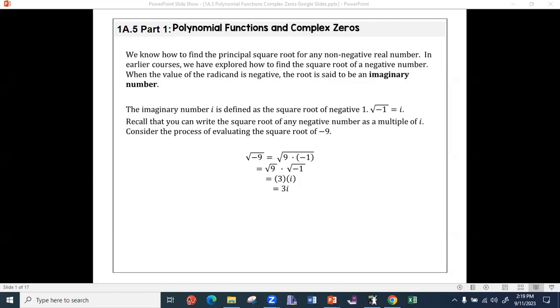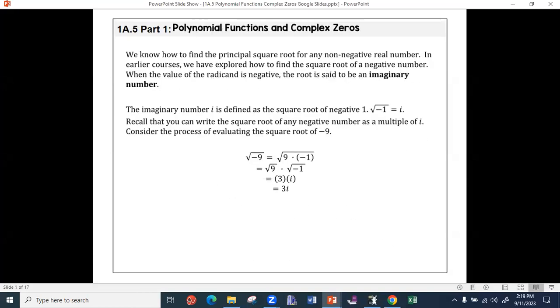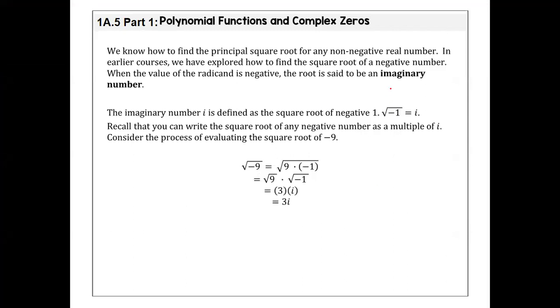But what happens when there's a negative underneath the square root? It becomes imaginary. We get our i's, right? When that happens, we create our i's. So our imaginary numbers come into play.